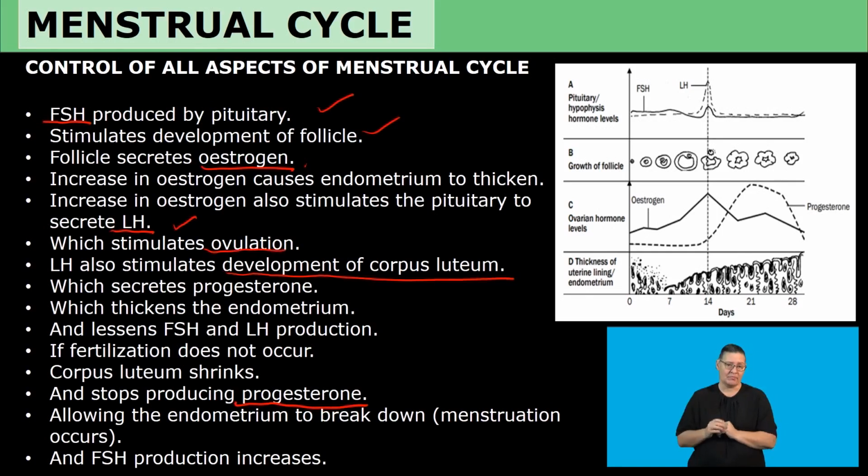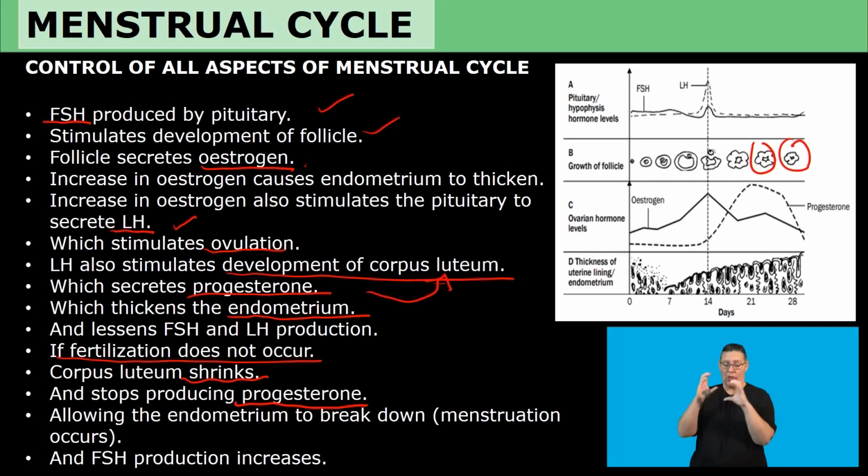And then we've got progesterone hormone, which is secreted now by the corpus luteum. And progesterone, what is the function? It further thickens the endometrium. So you will understand that if fertilization does not occur, corpus luteum will shrink. You look at the diagram that we have here, the graph, you can see the size of the corpus luteum. It shrunk.